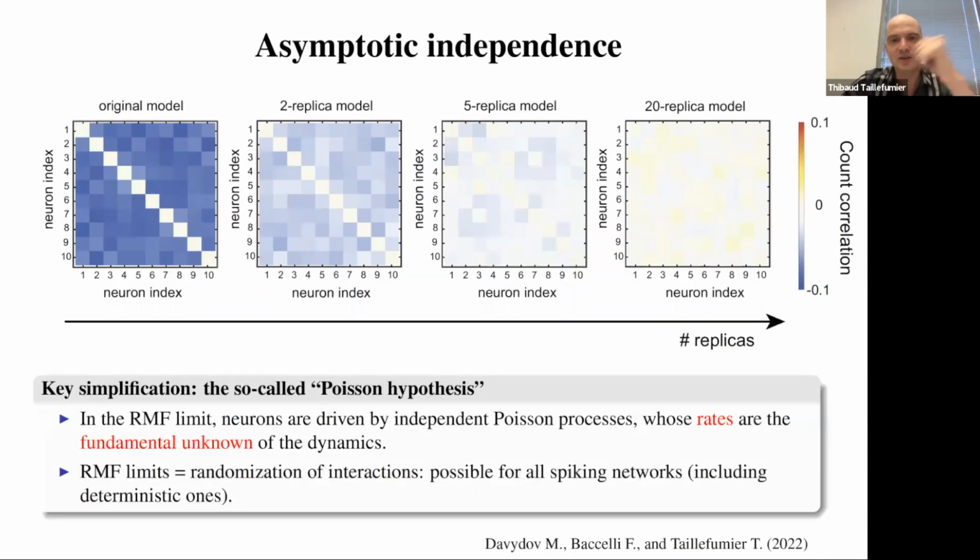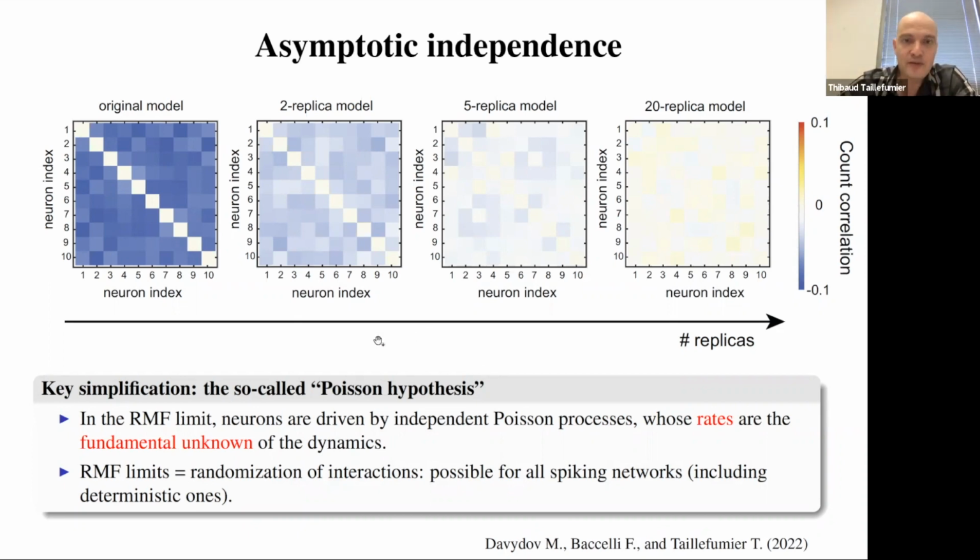And so what it tells you is that if you want to characterize the noisy dynamics that emerge in the Replica-mean-field limit, all you have to do is characterize those rates. Once you have the rates, you have everything, and you can compute all the moments of higher order and so forth.